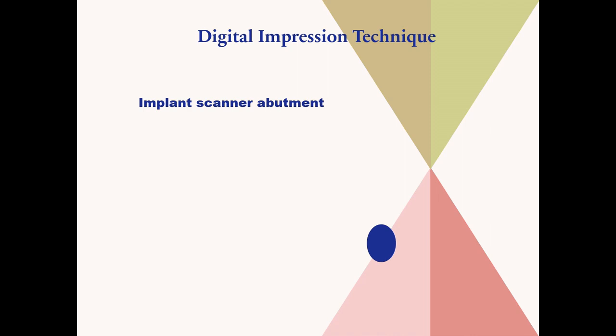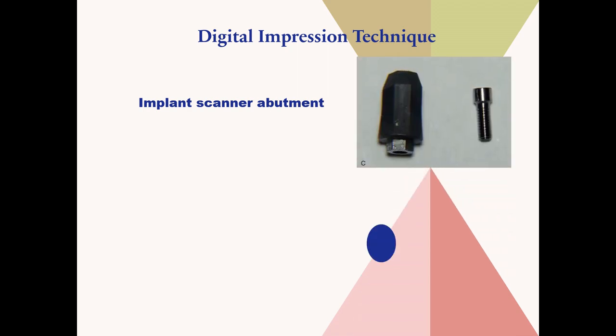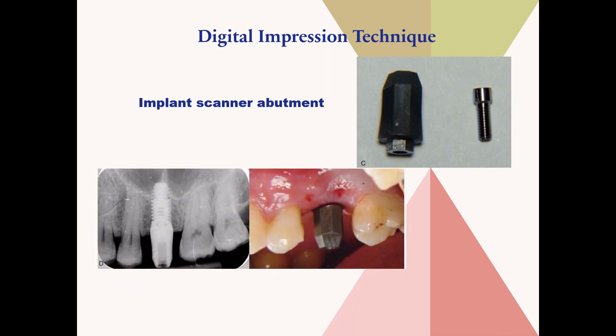And here we make use of the digital impression technique, where we use an implant scanner abutment, which is specific to each implant manufacturer. So we place the implant scanning abutment and then we take an IOPA to confirm the fit. And once the fit is confirmed, we scan the implant scanning abutment along with adjacent teeth to obtain the required surface anatomy.